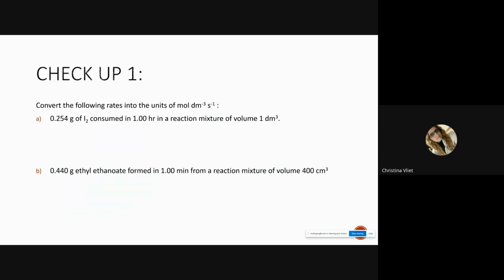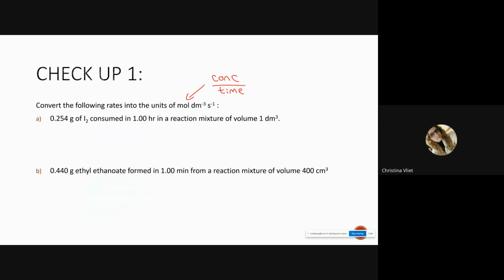They ask you here to convert the following rates into their proper units. What is this? Mole concentration over time, or moles dm minus 3, s minus 1.